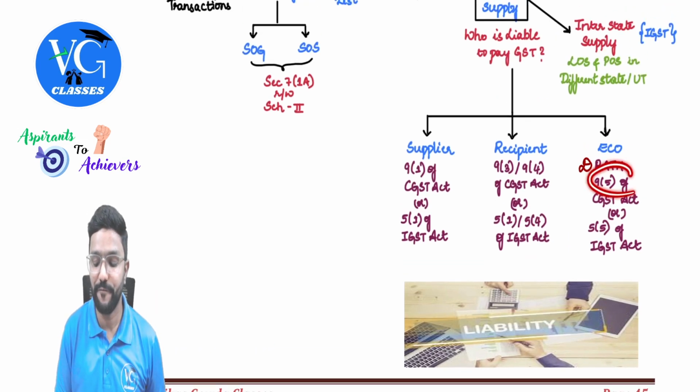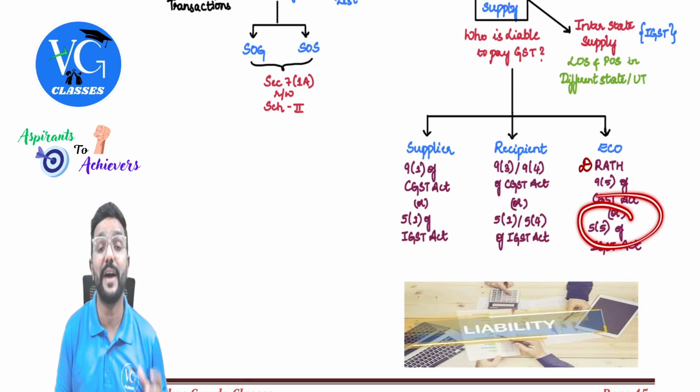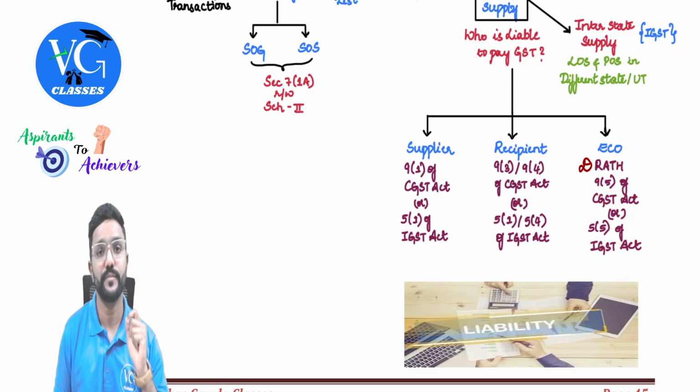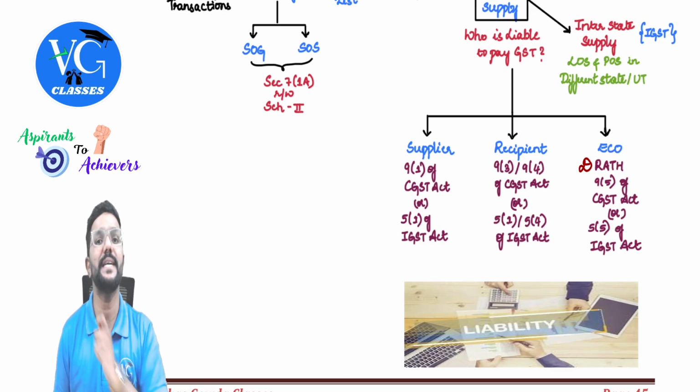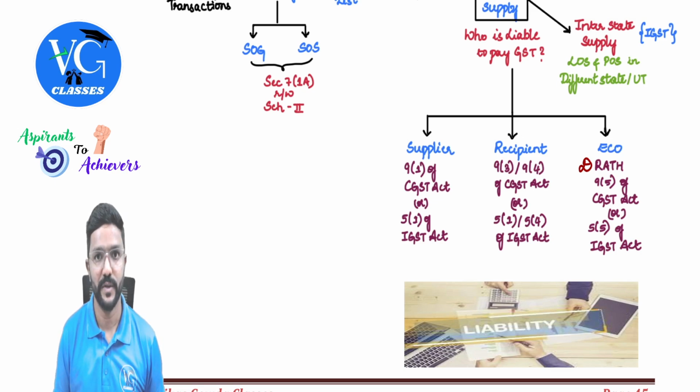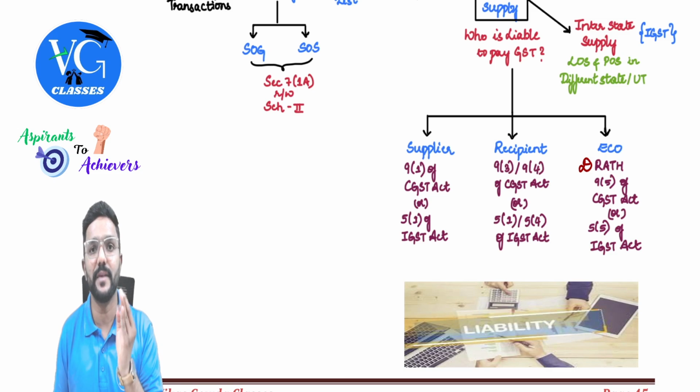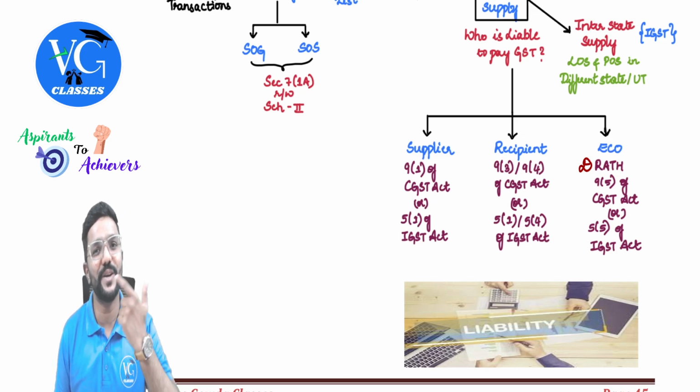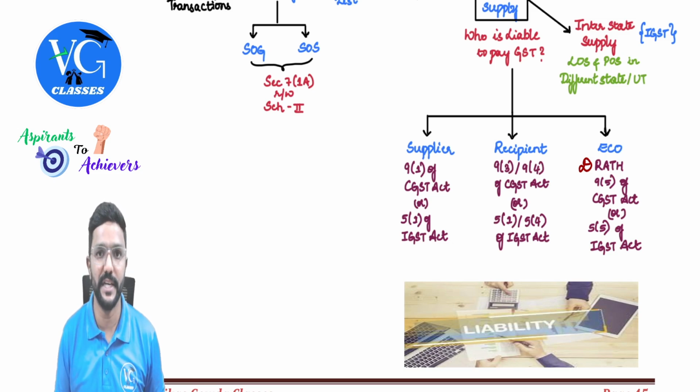And in section 9.5 of the CGST Act or 5.5 of the IGST Act, they have also told when the e-commerce operator is supposed to pay GST. So if any notified services are supplied through an e-commerce operator, even though the e-commerce operator is neither the supplier nor the recipient, still he is the one who is liable to pay GST.